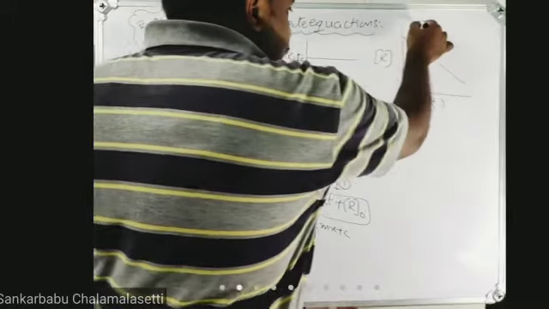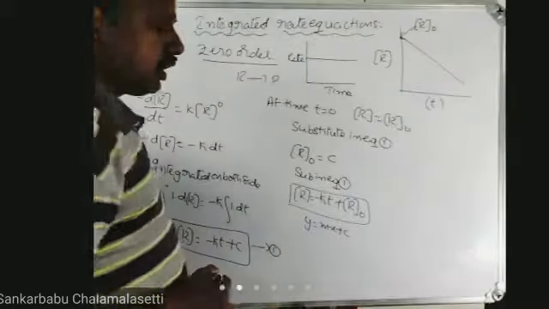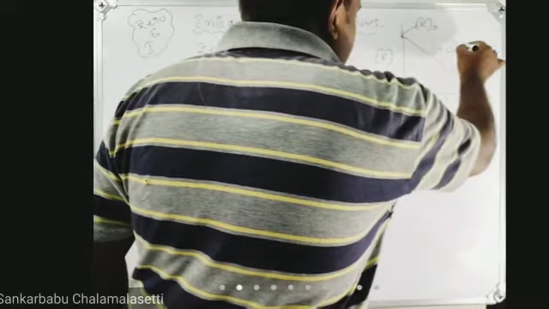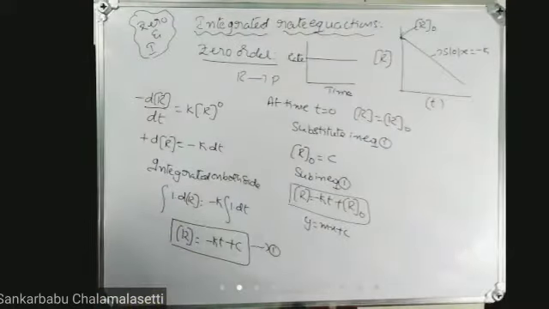This point is nothing but R naught, the initial concentration, and the slope of this curve is equal to minus k.